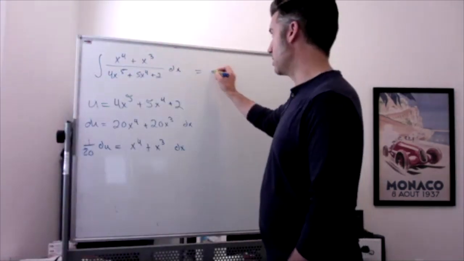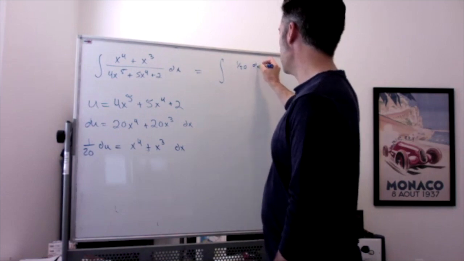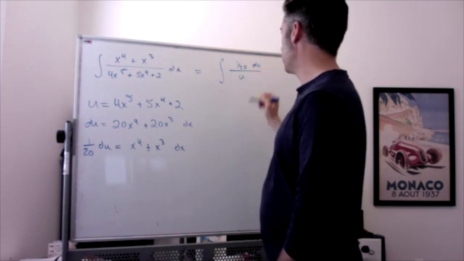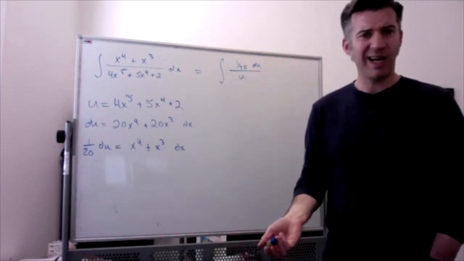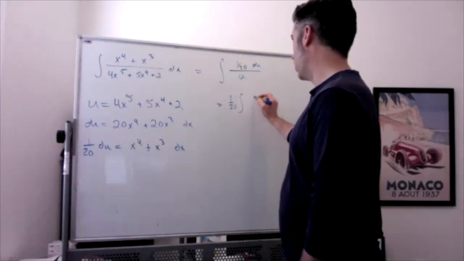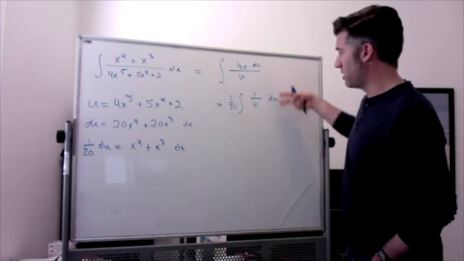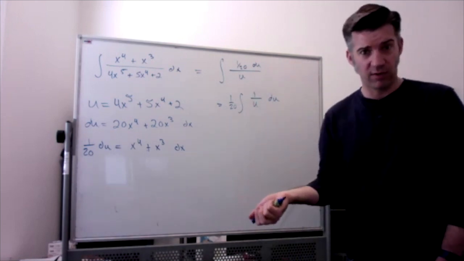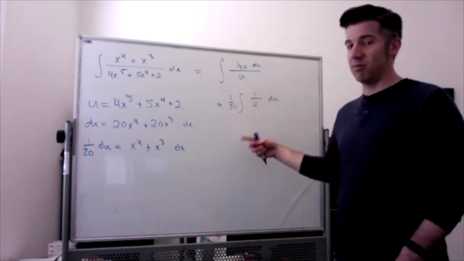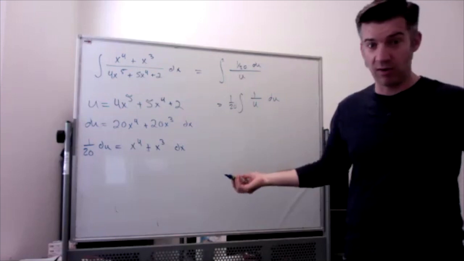This is going to be the integral of 1/20th du divided by u. Or if you prefer, and I kind of do prefer, 1/20th the integral of 1 over u du. These are literally the same, just written differently. I feel like this one's easier to mentally tackle. Oh yeah, I know the integral of 1 over u is just the natural log of the absolute value of u.